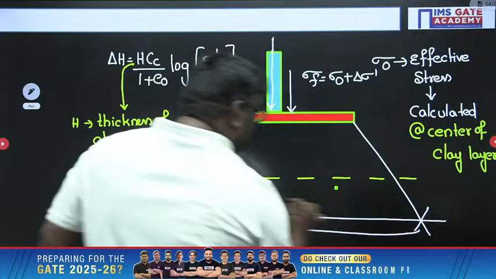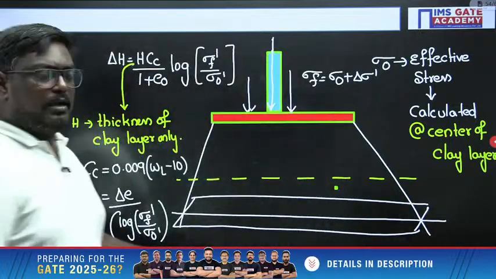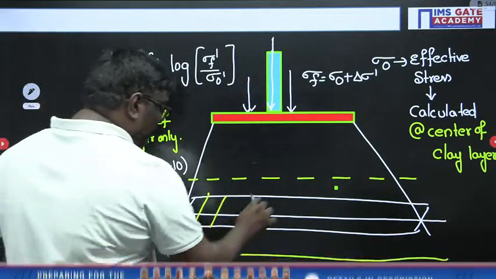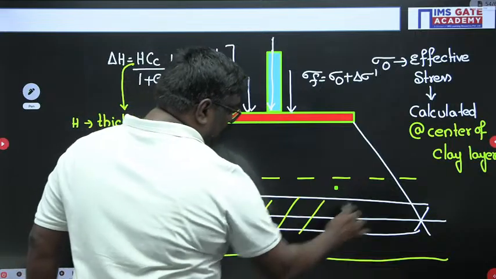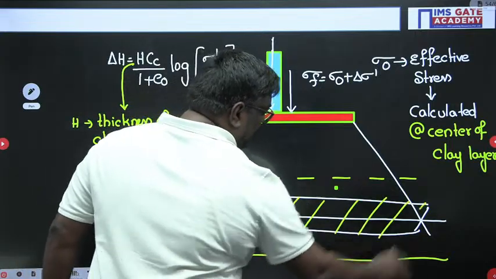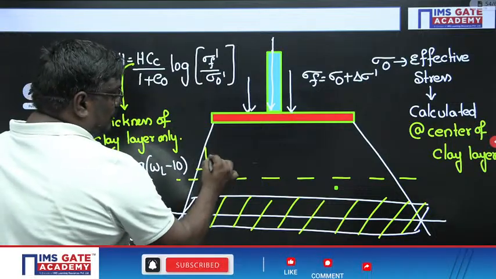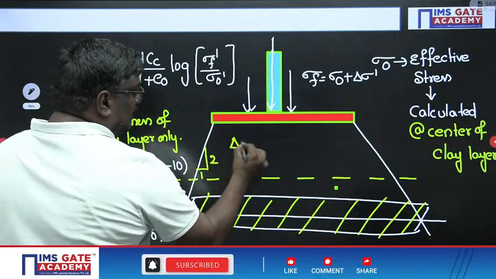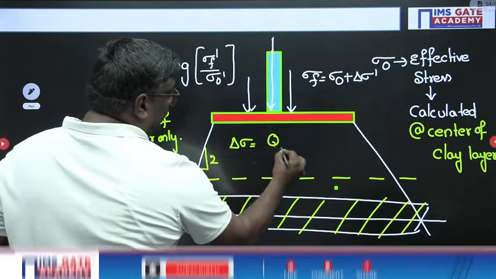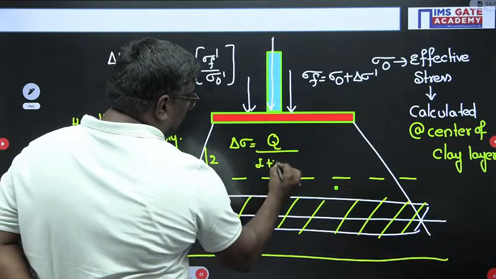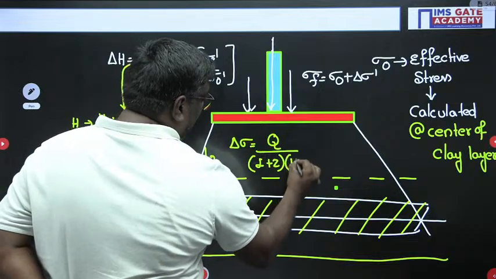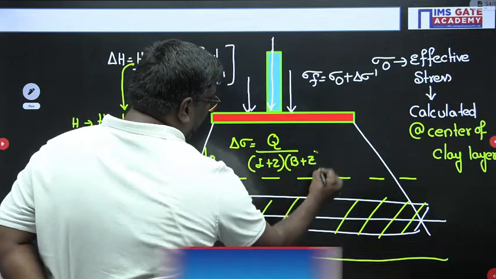The area at the center of the clay layer, we used to follow the 2:1 method. So, in this case, delta sigma can be written as Q upon (L plus Z) into (B plus Z). If you follow the 2:1 ratio method, you will get this.